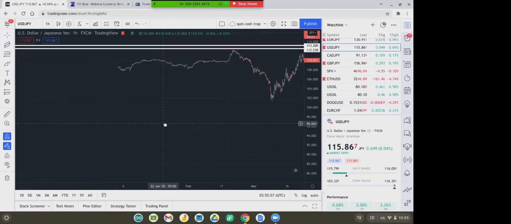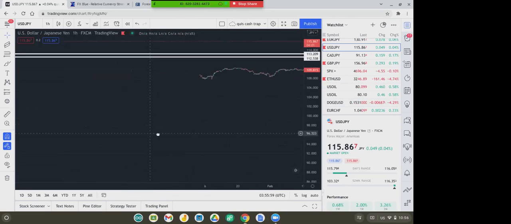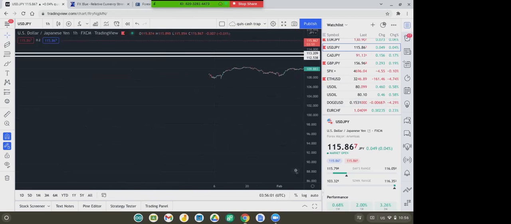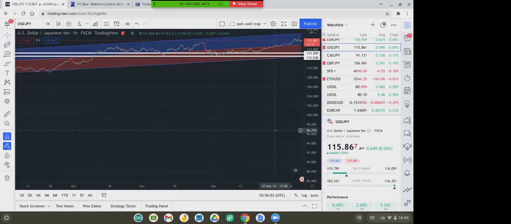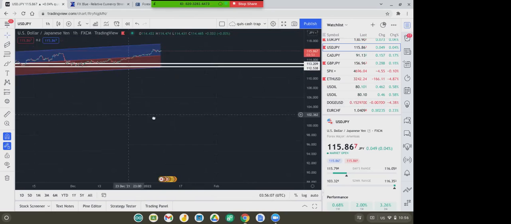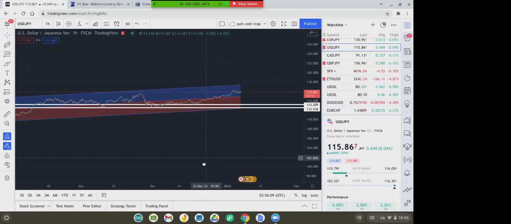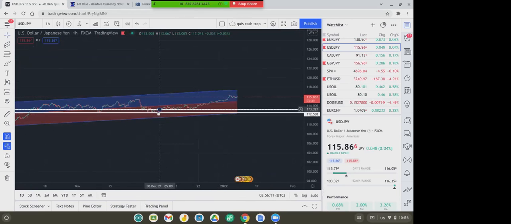So we got it acting as resistance, and there was a resistance and the support. Touched like 4 times right here, 3 times right here, 2 times right here, like 5 times right here. Dang, it touched a lot of times right there, right?